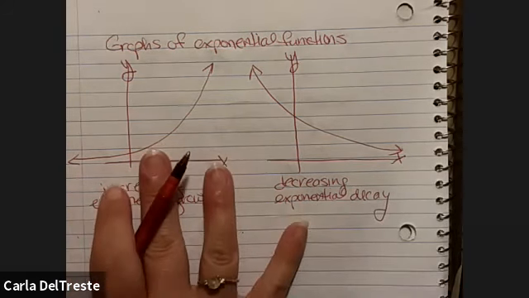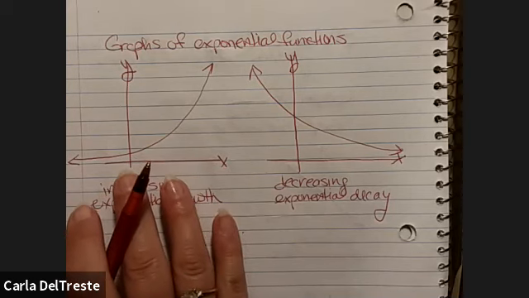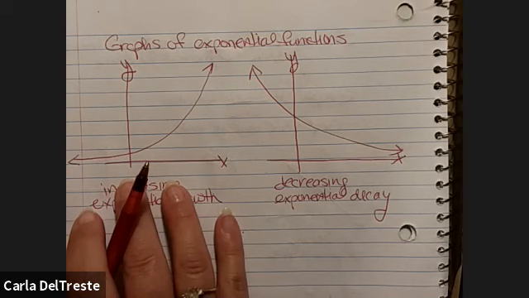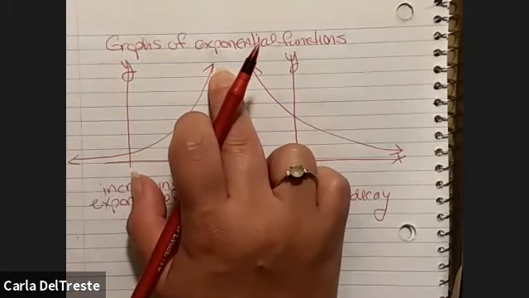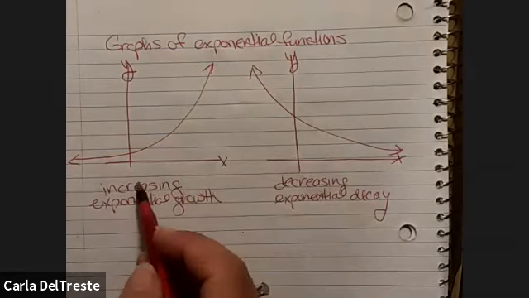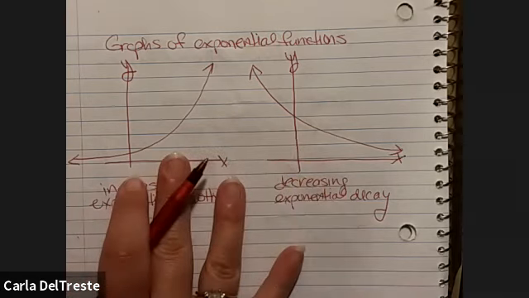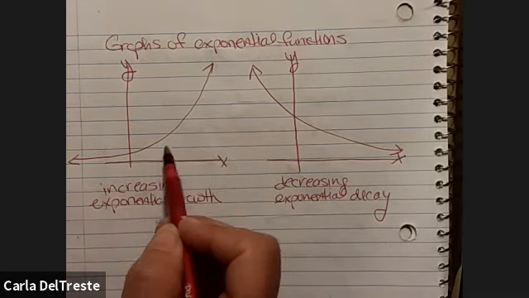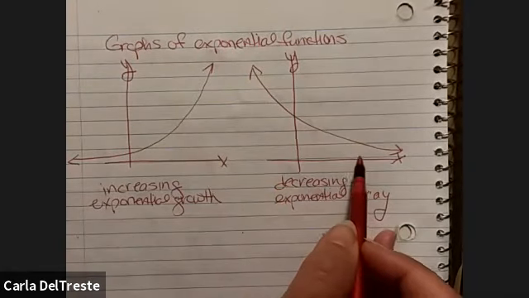These types of relationships have been in the news a lot lately because they're talking about the growth of coronavirus, the spread of coronavirus. Okay, they talk about it as exponential growth. So we need to explore what's causing this pattern. What is causing this to sharply rise or sharply fall?